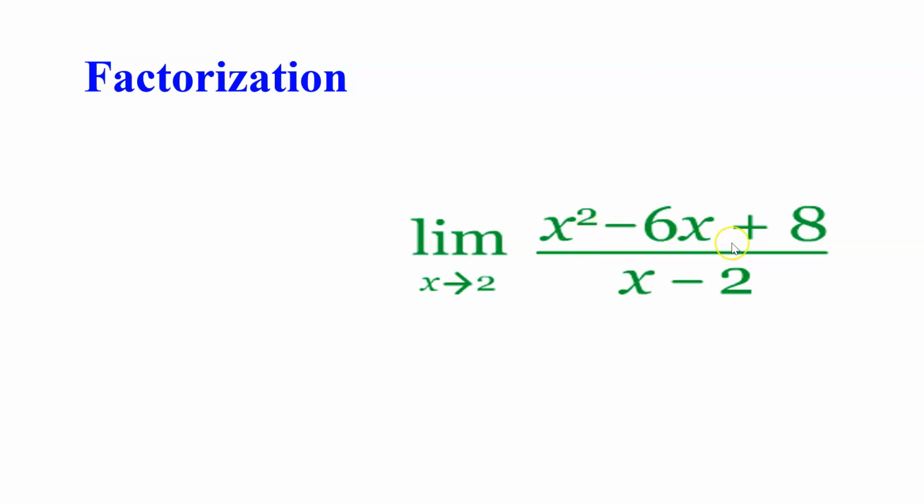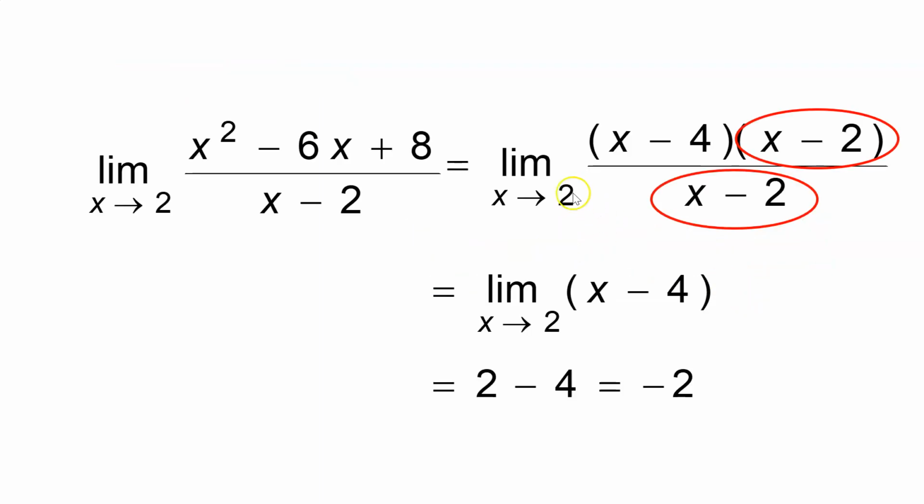So you have x squared minus 6x plus 8 over x minus 2. Since this is a quadratic equation, you can factorize it, then you get x minus 4 times x minus 2. So you can see that these two things are actually the same. Since this is division, hasil bahagi, this one can cancel out. So the only thing left is x minus 4.